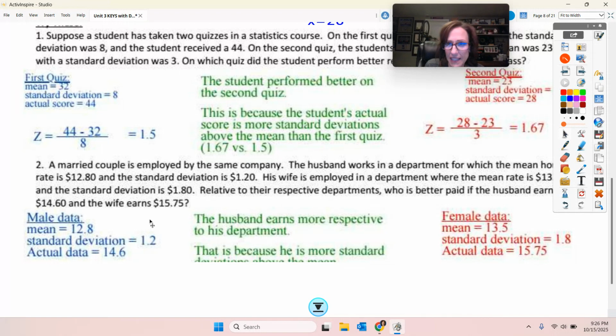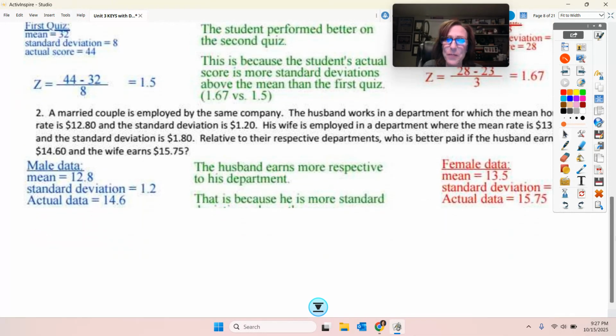So this was money that they made per hour or something. And then for the male and the female, we want to see how did they do relative to their department. And so get a z-score for both of those right now. Pause while I go get Pumpkin or Cookie, and then see how that is. All right, get to work. Pause and do that math.